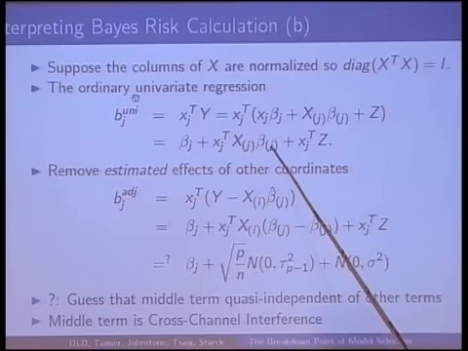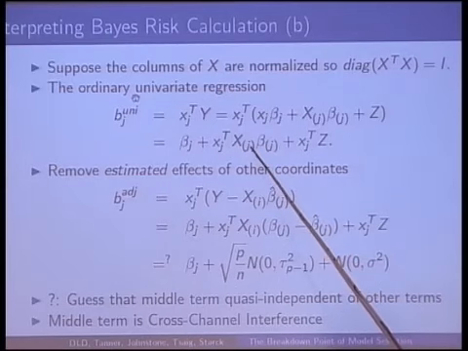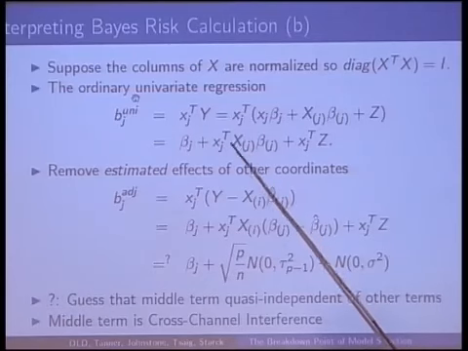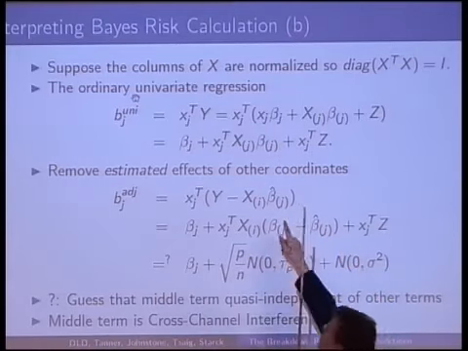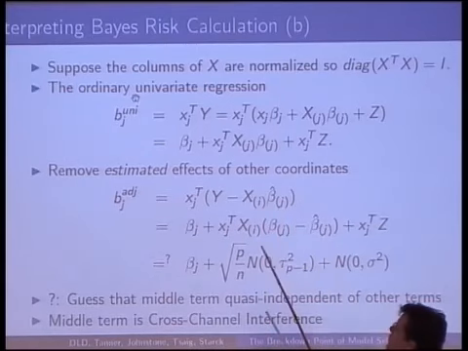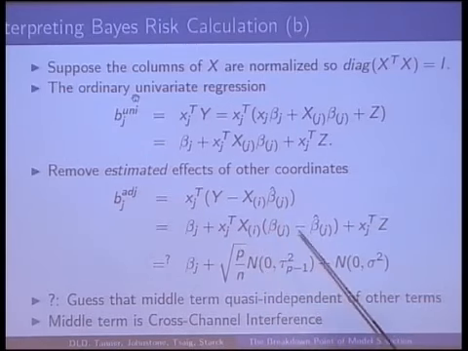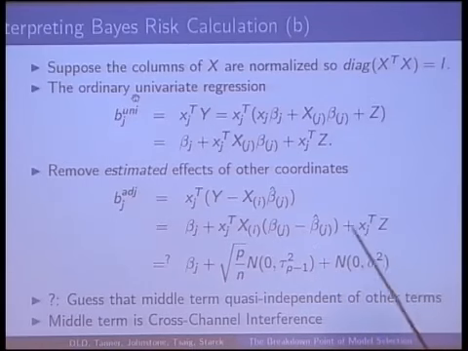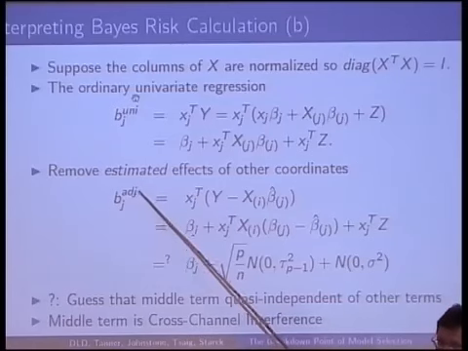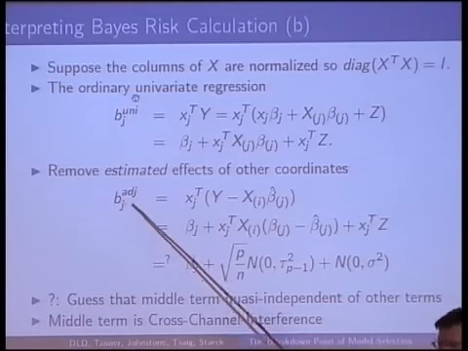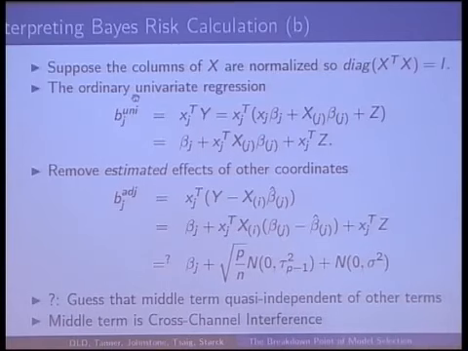That is, take the prediction from all other coordinates, push it through the predictor matrix there, and then see what the influence is on this coordinate. That's cross-channel interference. Now, if we put in the Bayes estimate on all other coordinates, subtract it out, then we get an expression like this for what's called, in applied texts, the adjusted variables plot. It's a mono-regression coefficient adjusted for the influence of the other variables.